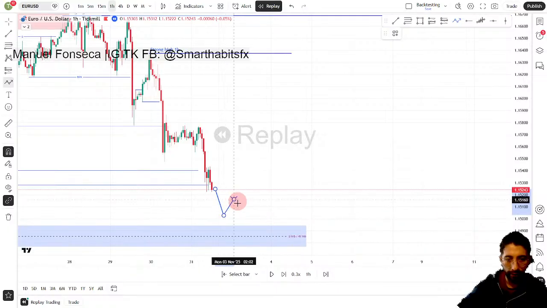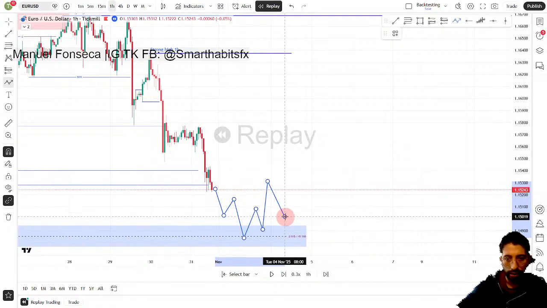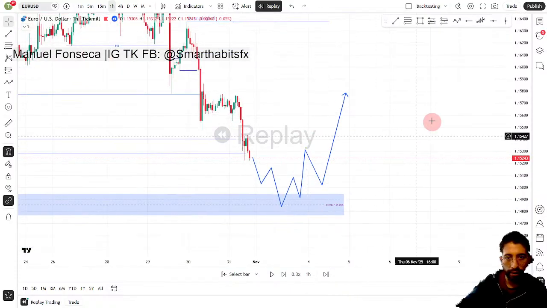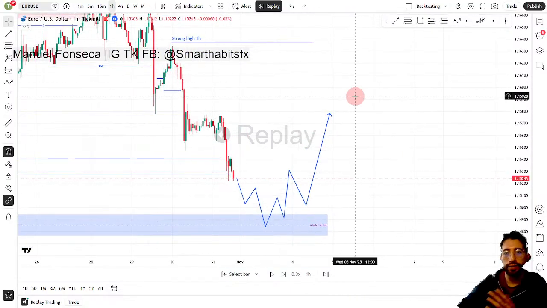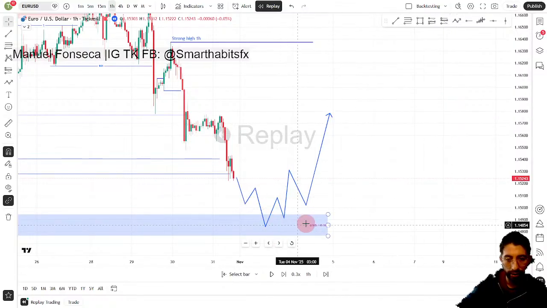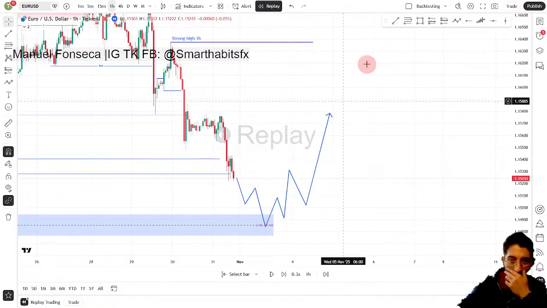It can confirm in the 1 hour time frame the end of a range right here, and then continue with a retracement. And this will be all the week. And this is aligned with the 4 hour time frame and the daily time frame, because there it is also reacting to this imbalance or the block imbalance, right?